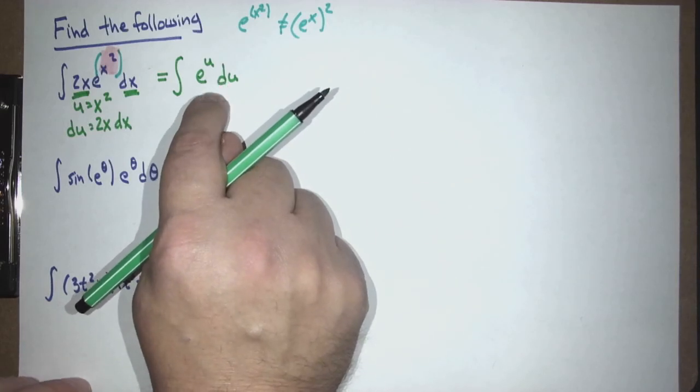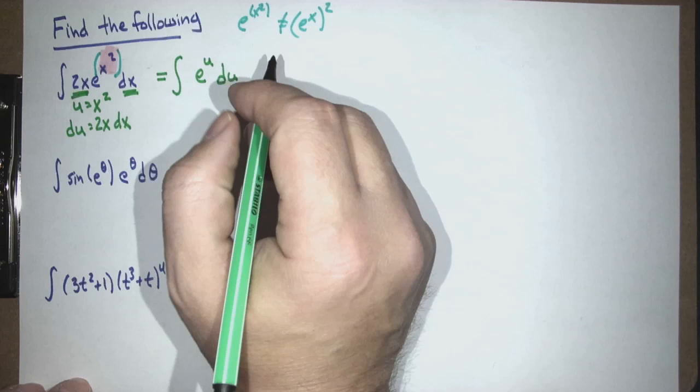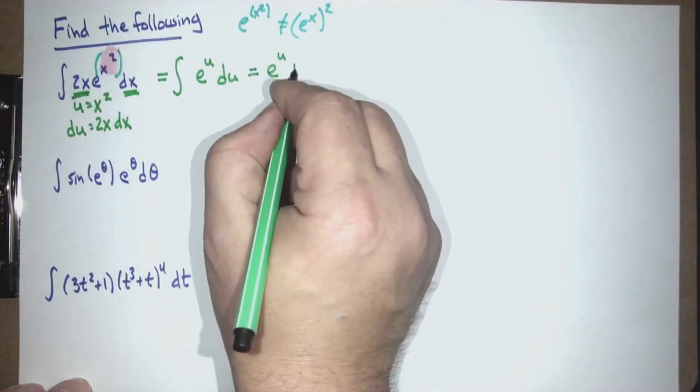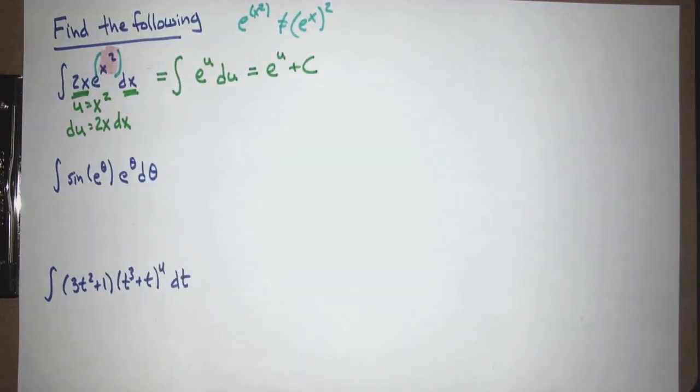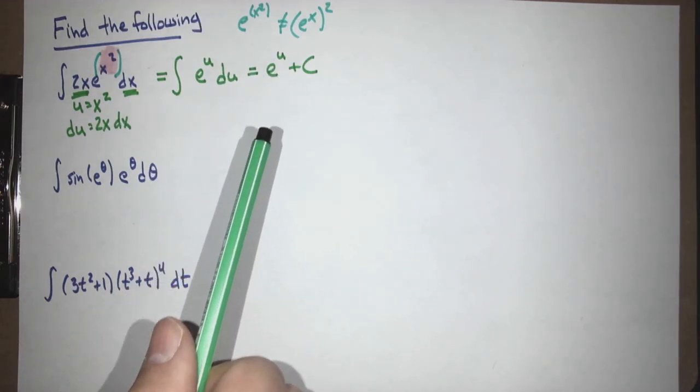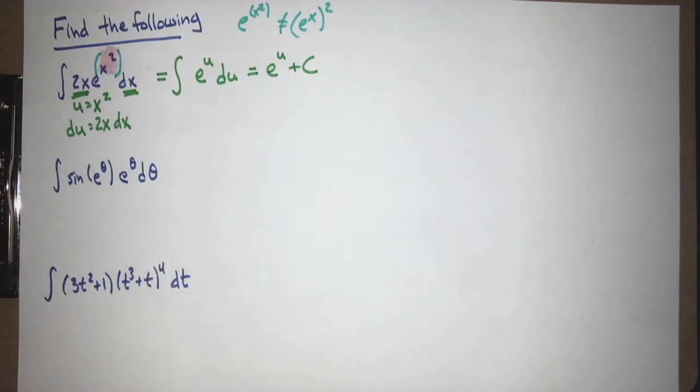Is this one that we can do? What is this integral? e to the u. Toss on a plus c so we get our points. Is that our answer? No, because what's missing? We need to get back to x's. We started with x's, we need to end with x's. So how do we get back to x's?